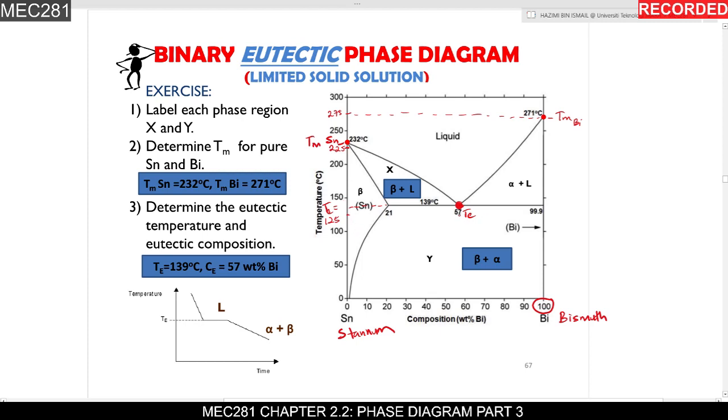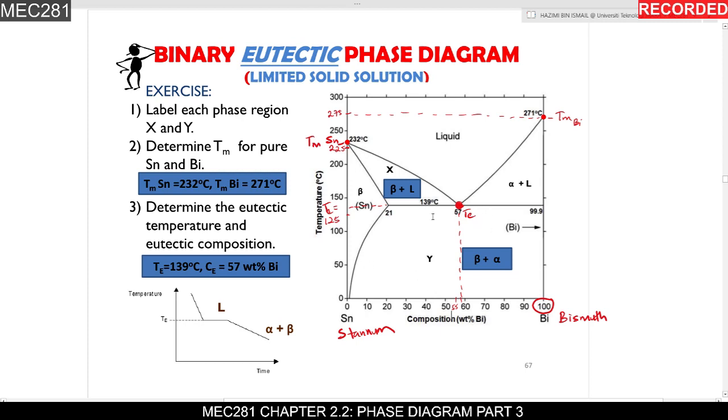And then for the composition, you project to the x-axis and find that value. So around this one is 55. If you put 56, 57, 58 or 59, also okay, because it's just an approximation based on this phase diagram.